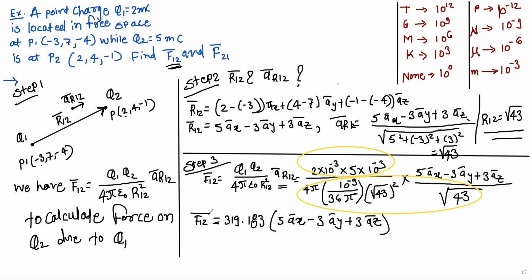Are you getting this value? Someone may get 320, somebody may get 318. That's fine. But are you getting near about this value? 319.183. Are you getting this value?